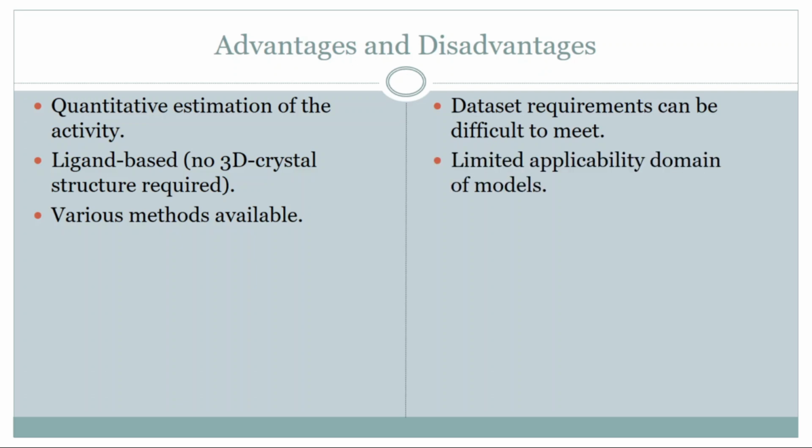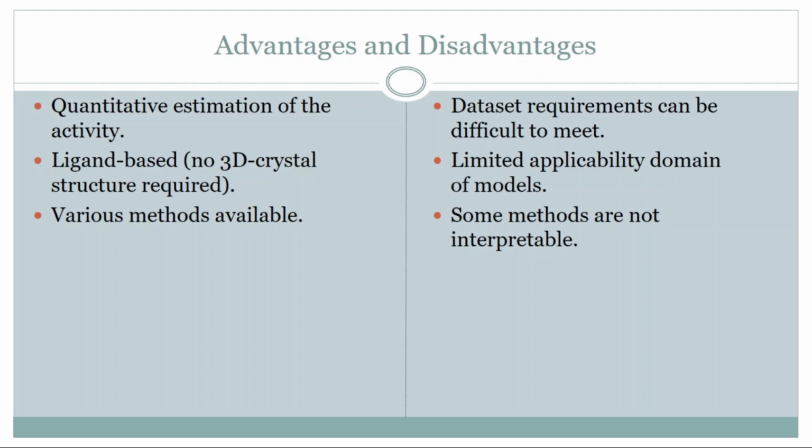Now, another thing is that the model you develop may not be usable on all structures. Usually, it can only be applied on structures that are similar to the dataset. So the model is not universal, it cannot be applied on any structure, but rather, usually, it has a specified applicability domain, meaning it can only be applied to certain structures that are similar to the training set structures.